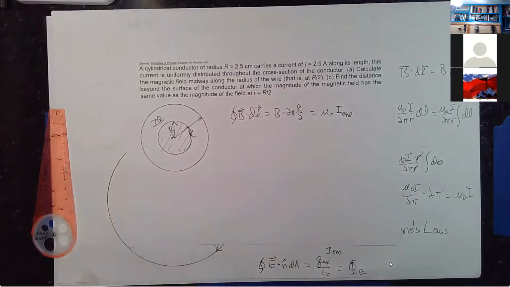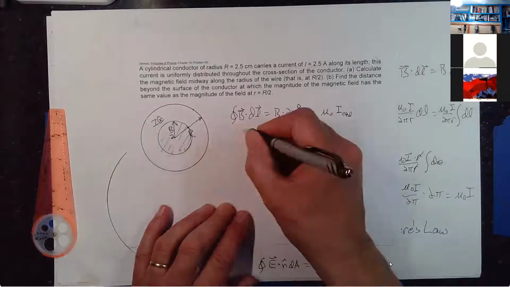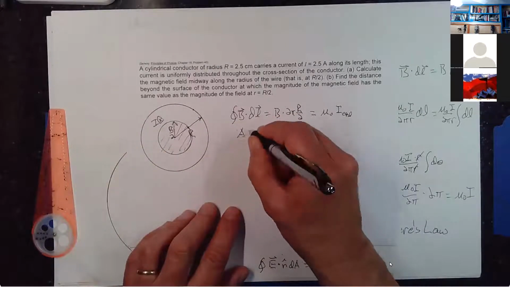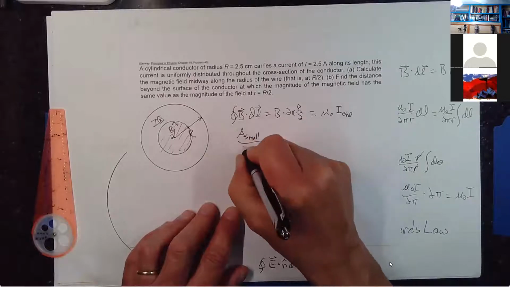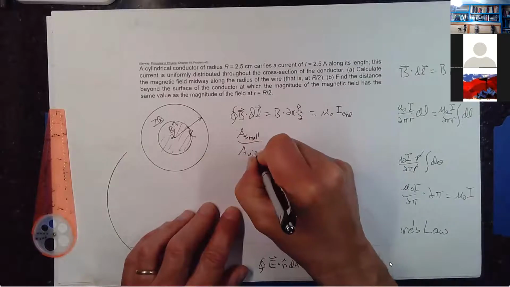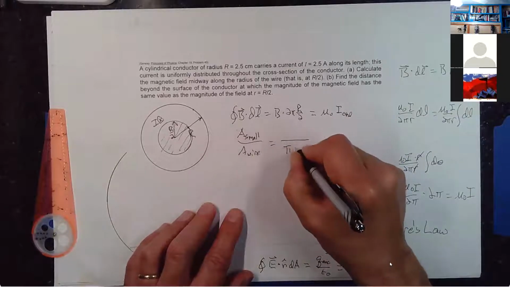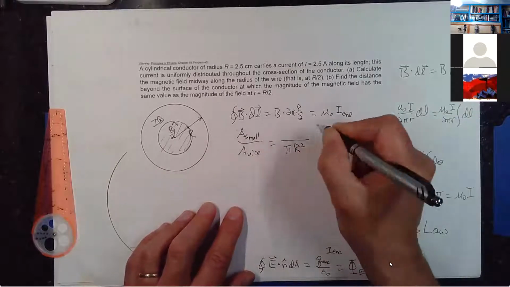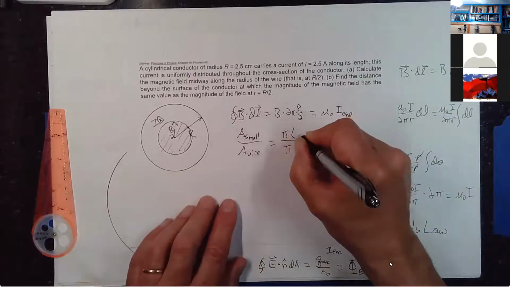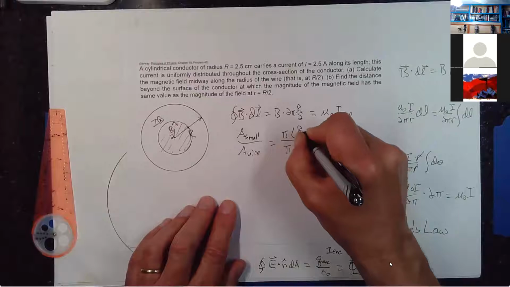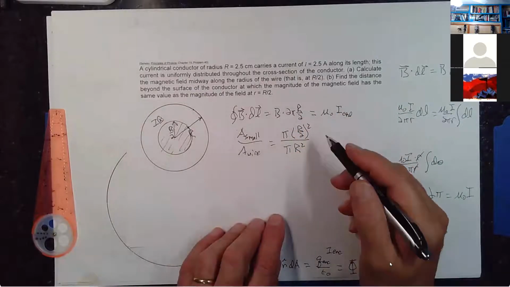And if I do a little bit of thinking about this, the area of that smaller circle, A sub small, divided by the area of the wire. The area of the wire is just pi capital R squared. The area of the smaller circle is pi times R/2 squared. Area of a circle is just pi R squared.